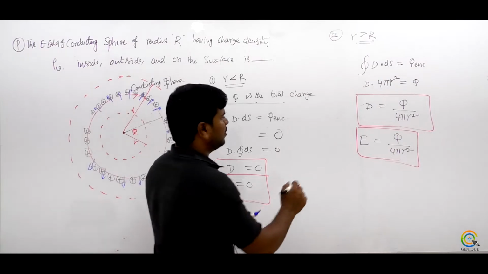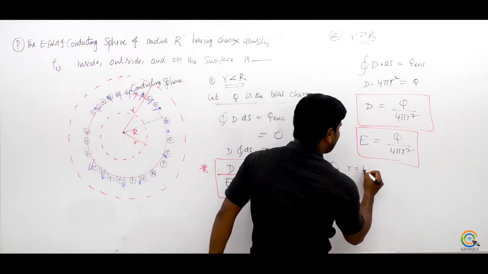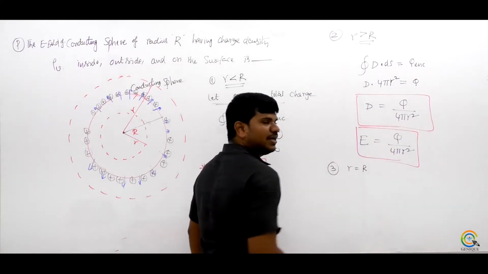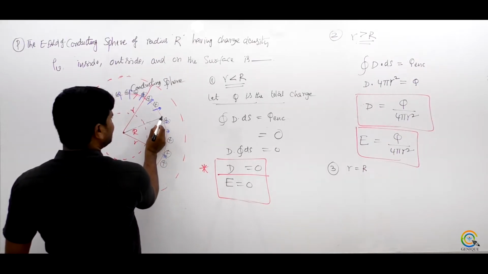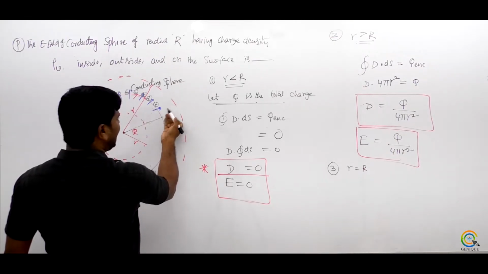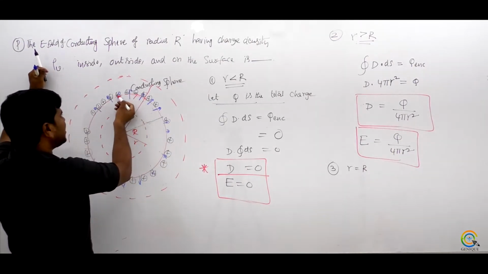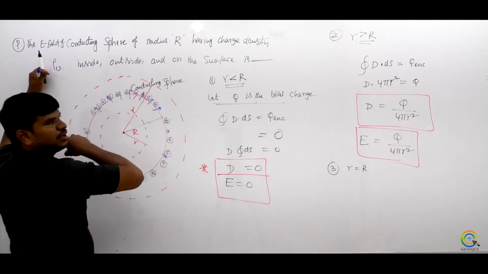Now what if it is the third case? At r equals capital R, what happens? So this is outside and this is inside. Inside up to this, what happens? It is 0. And here, what can I write? Suppose I consider this one as the Gaussian surface.